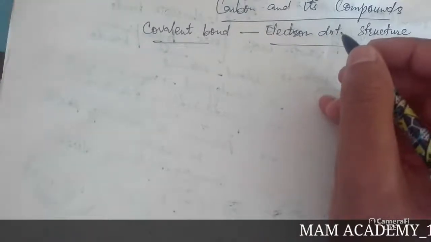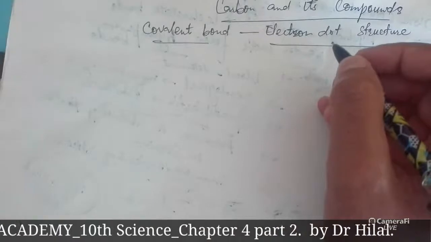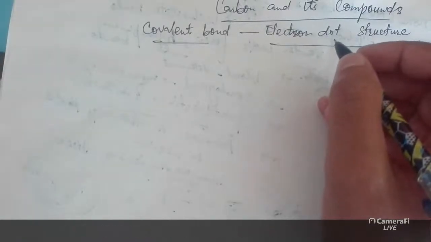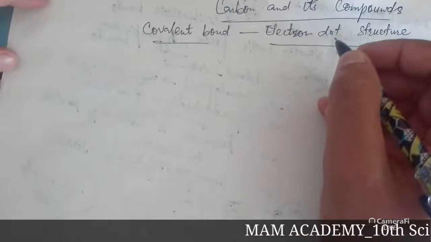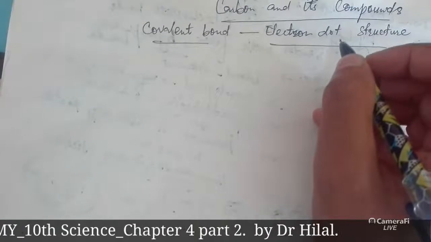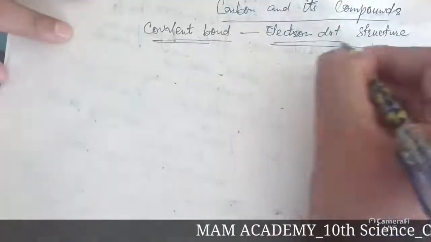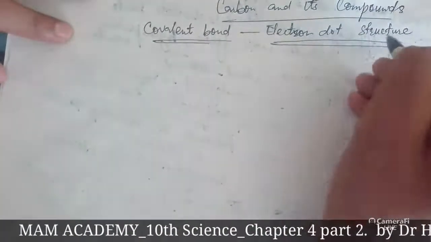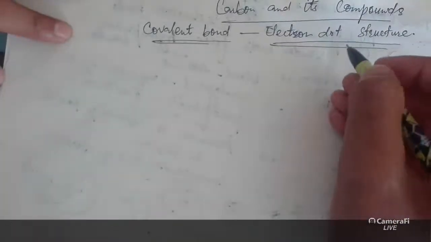Last time we came to know about the different properties because of which carbon forms such a great number of compounds in the world, and how useful it is in organic chemistry. Today we will start with the covalent bond, and then we will move to the electron dot structure and how to make the electron dot structure of different atoms.